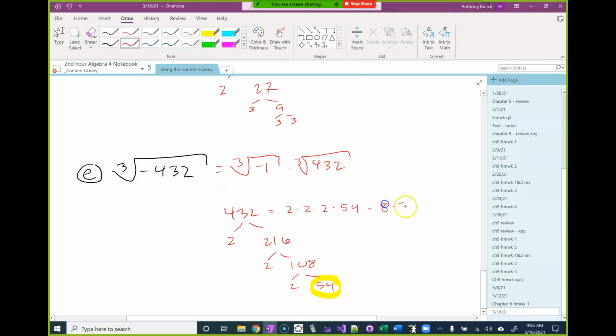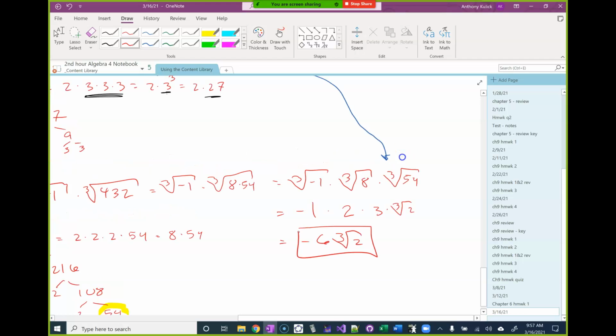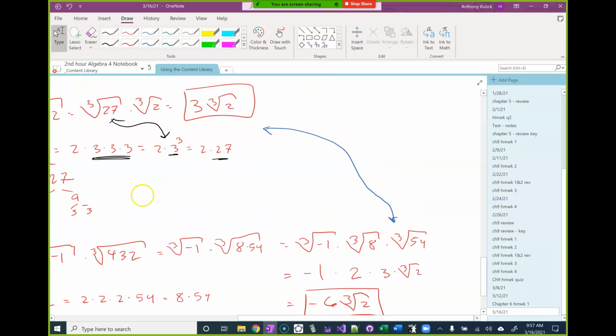Yeah, so I just stole the answer. Yeah, I know. But then I was so confused on how you got it. Okay. Last part, 3 times the cube root of 2. Right. So the cube root of 27 is 3, because 27 is a perfect cube.